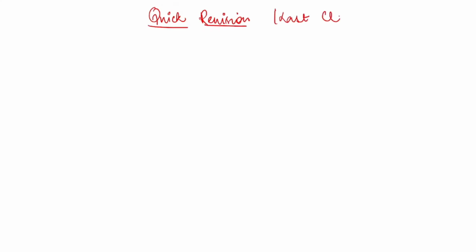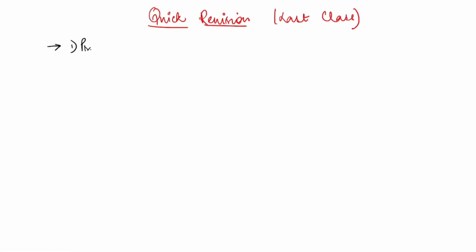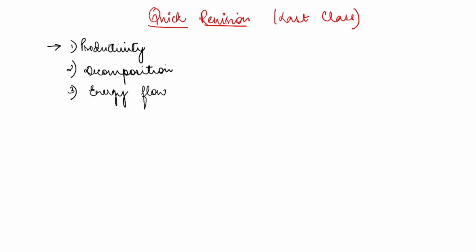Last class, we have discussed the functioning of the ecosystem, in which we have seen productivity in detail. What is productivity? We have discussed. We have seen decomposition in detail. We have also discussed energy flow and biological reactions.